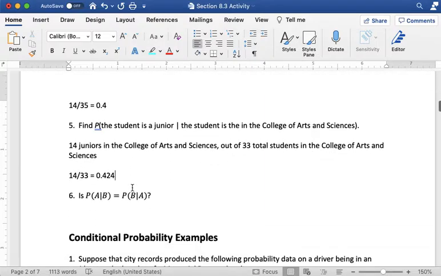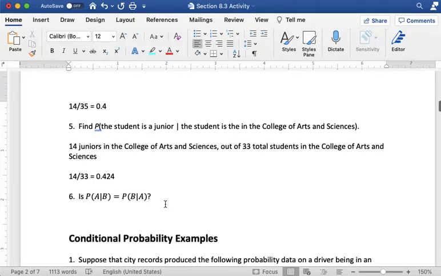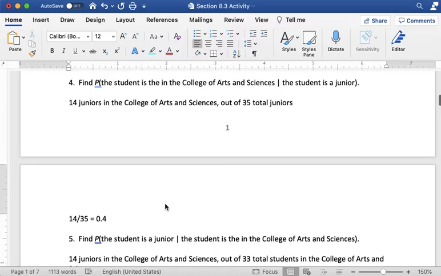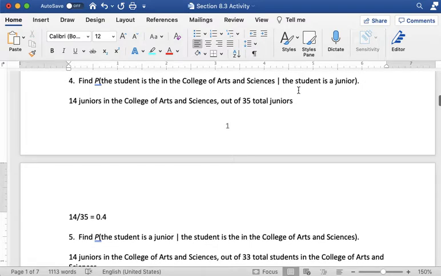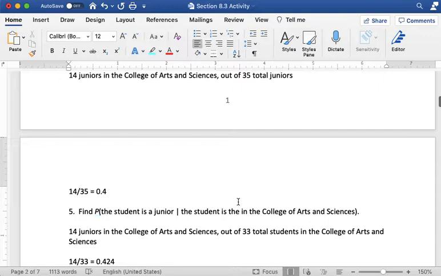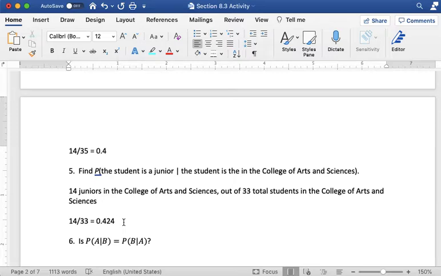And finally, we want to know if we can switch around these two parts of the statement. Is probability of A given B equal to probability of B given A? If we look at our results from question 4 and question 5, we see that that's exactly what we're doing here. We are switching around the two parts of the statement. And we can see that we do not get the same answer. We have 14 out of 35 for question 4 and 14 out of 33 for question 5.